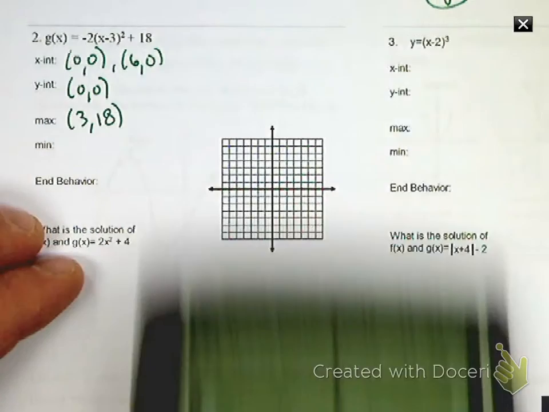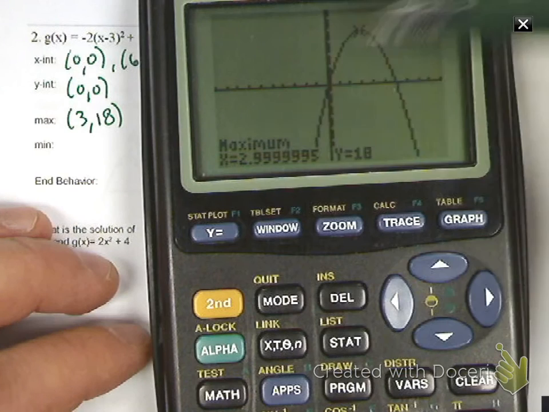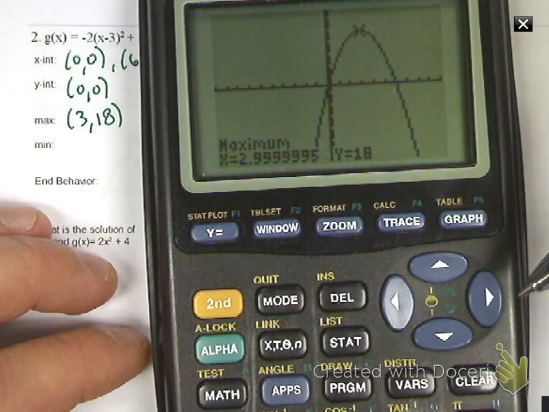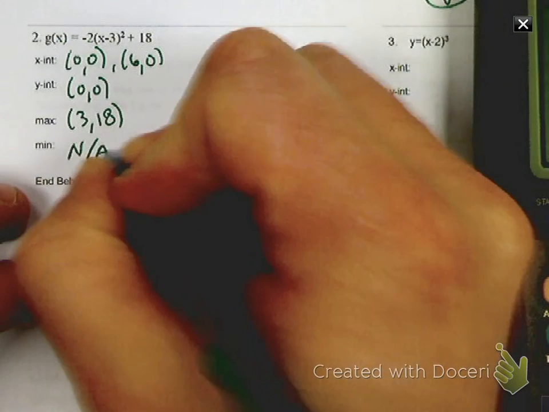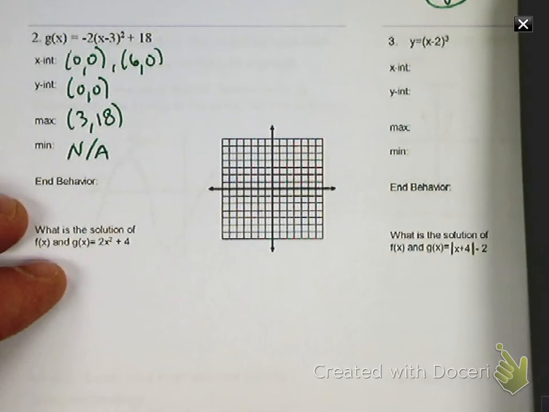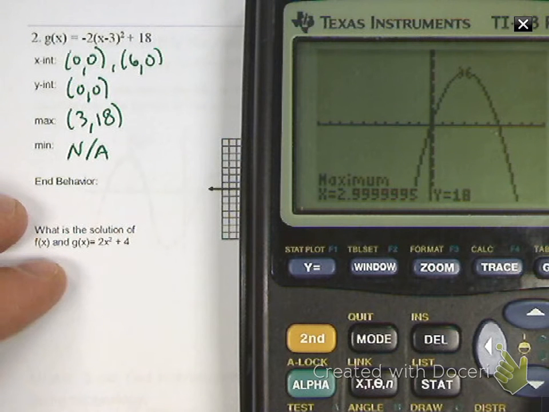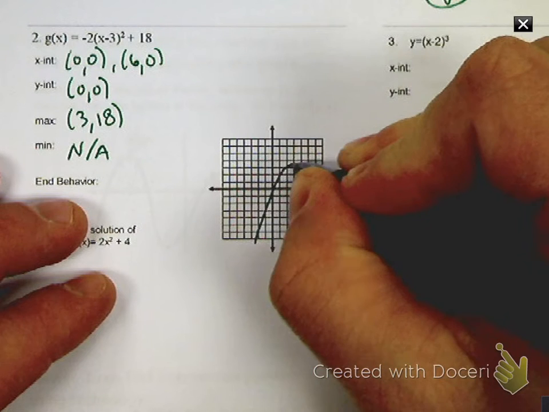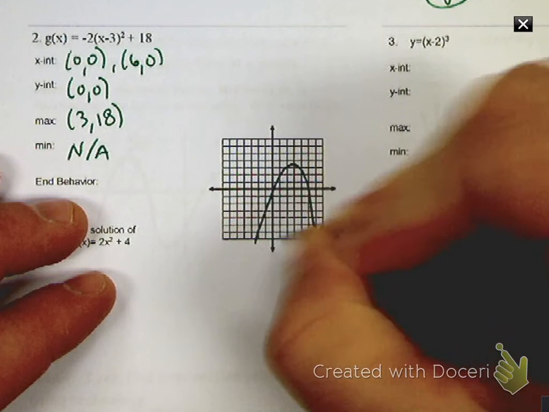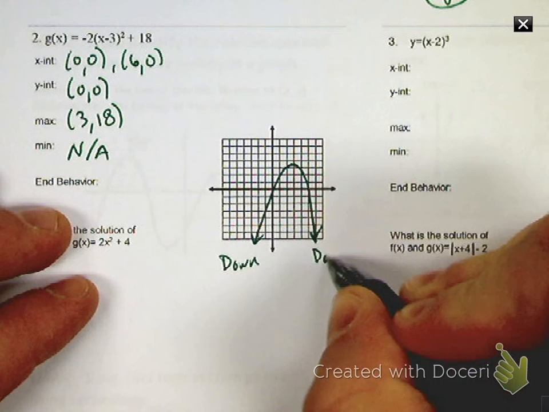The minimum. There's not a minimum in this graph. The graph goes down on both sides forever, so we'll write NA, not applicable. The end behavior, well, like I said, my sketch would look like this. It's down on the left, it's down on the right.